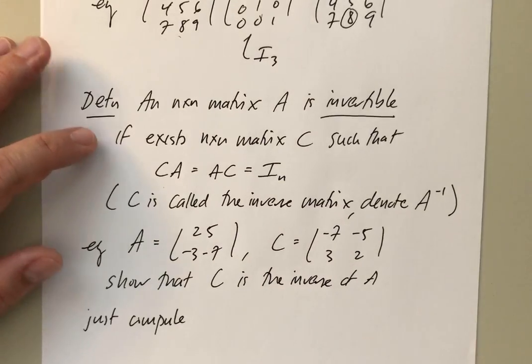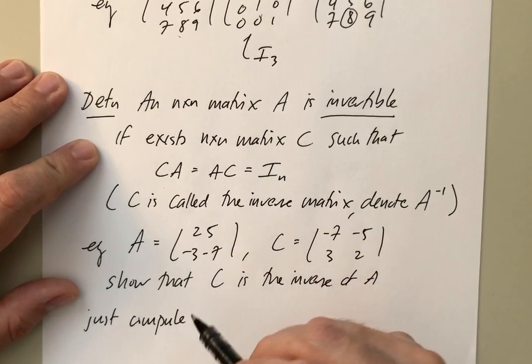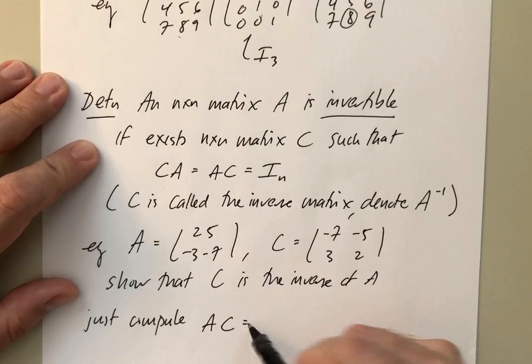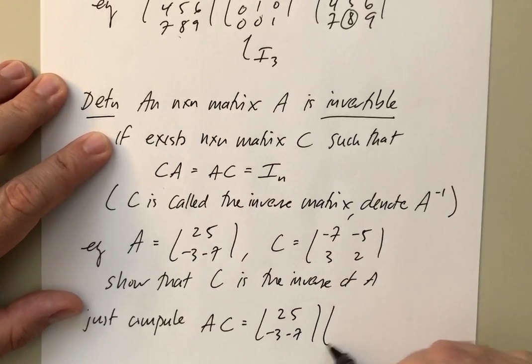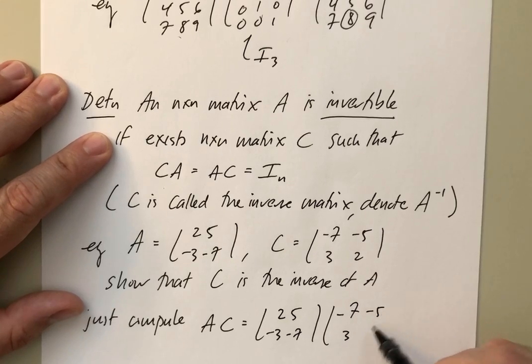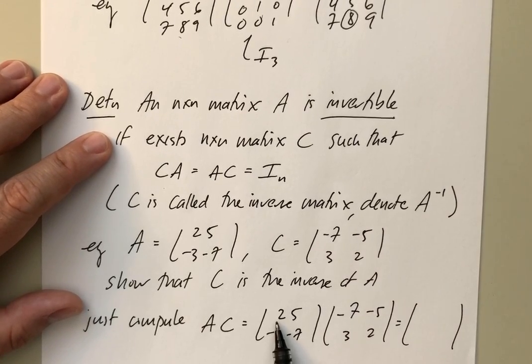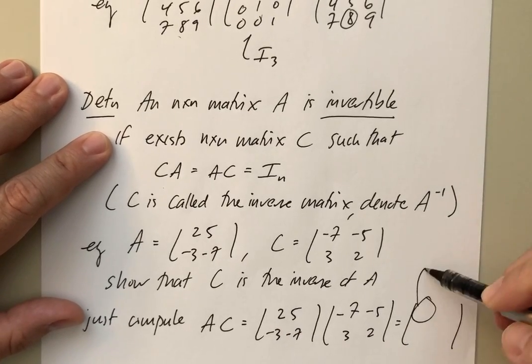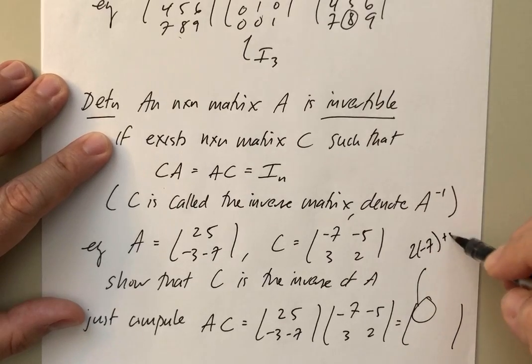Well, it's matrix multiplication, so it takes some work, but it's a doable thing. So I'm going to take A times C, which is, what is that? That's 2, 5, minus 3, minus 7, times minus 7, 5, 3, 2. This is going to be a 2 by 2 matrix, right? What's in the first entry? So this entry here is going to be 2 times minus 7 plus 5 times 3.